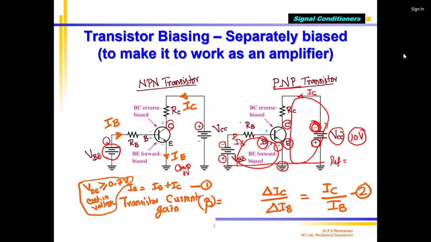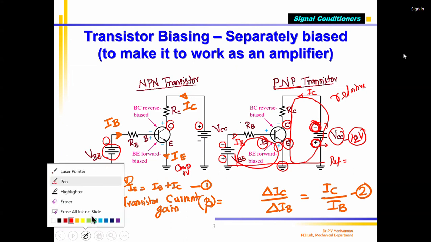Instead of that, I can say that with respect to the positive terminal, the negative terminal is minus 10 volts. So it is called relative. In electrical terms, we call this relative terminology. It is the same thing only. Okay, this is over.